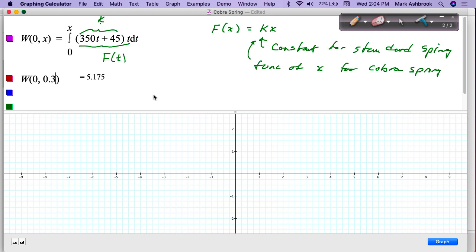Okay. Then it said, how far would you have to compress it to achieve 50% of the total work? So how can I represent 50% of the total work in a way that I know for sure is 50% of the total work? What could I write in here to do that? Yes, sir?